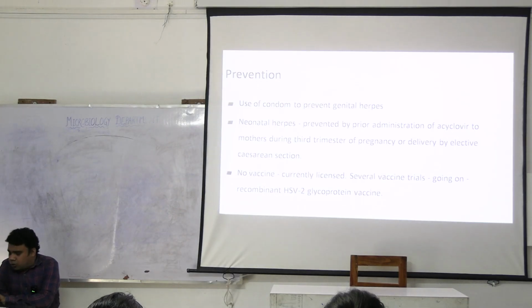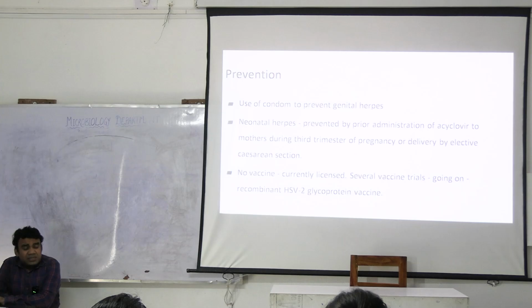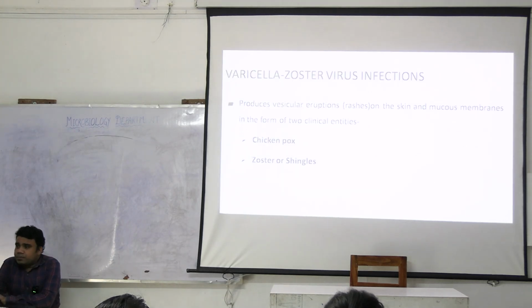Furthermore, we can also treat the patients as early as possible, because most of the time the disease actually spreads from the carriers. That means they harbor the virus and shed it from various routes, either through the genitourinary route or through the oral saliva. So these patients must be treated.